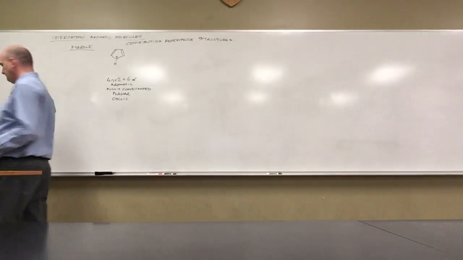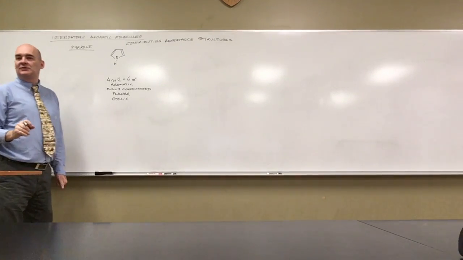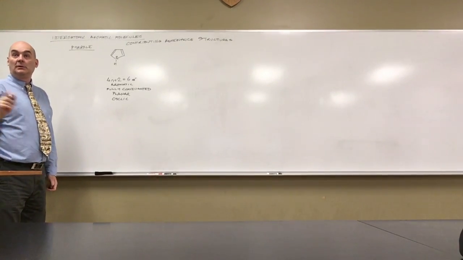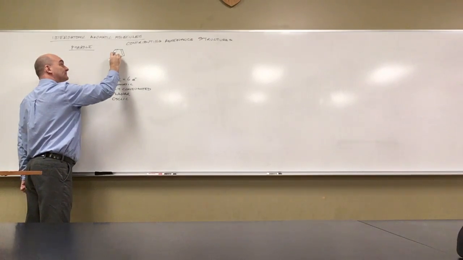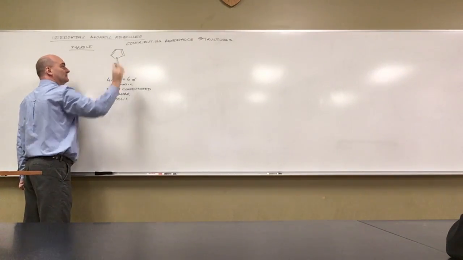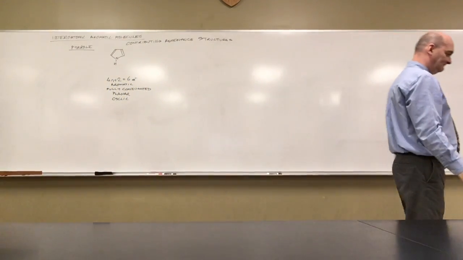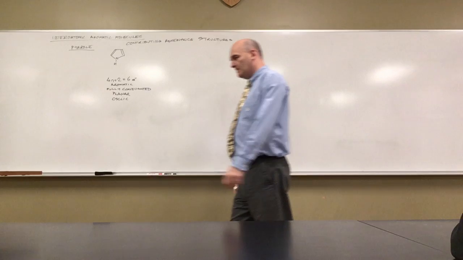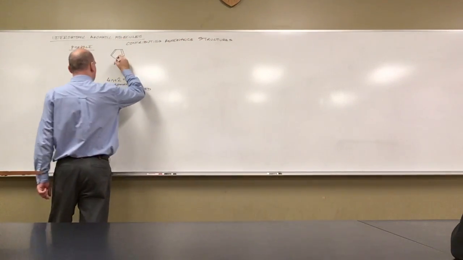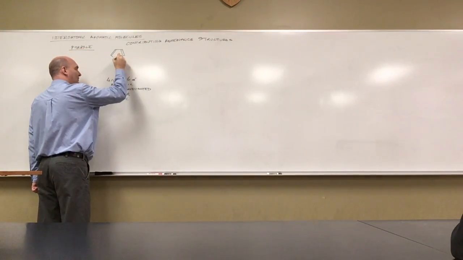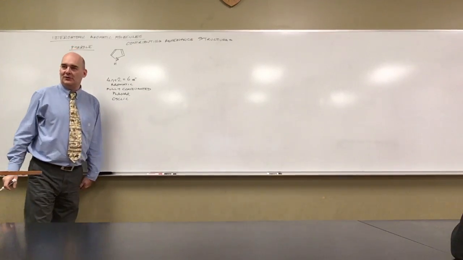Okay. Here's how we draw the contributing resonance structures for pyrrole. You write the framework. And you come to the realization that that nitrogen has a lone pair of electrons.